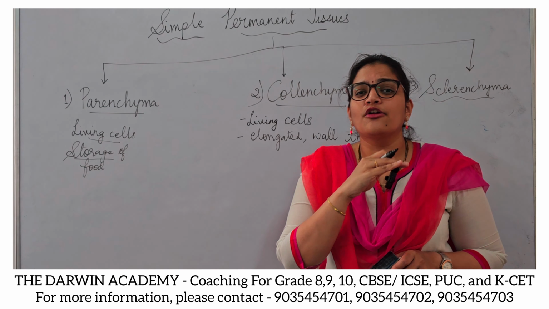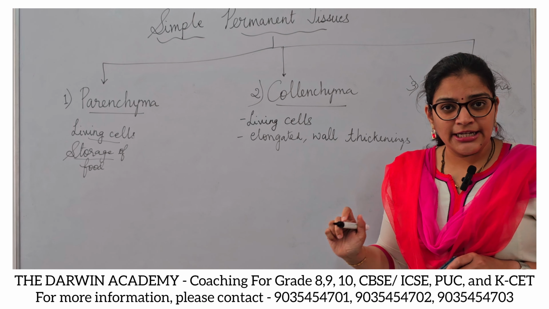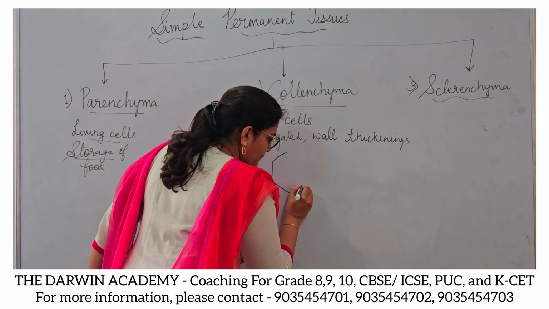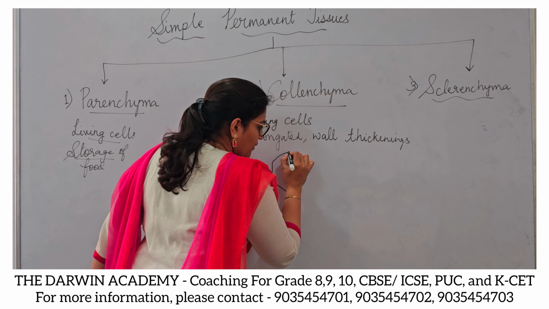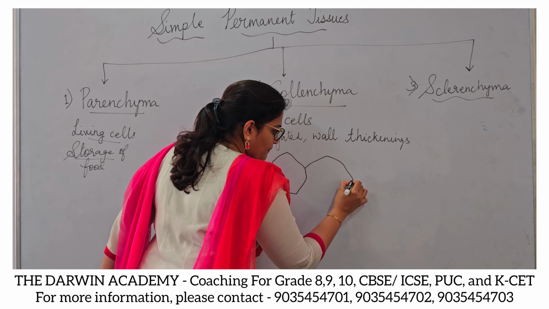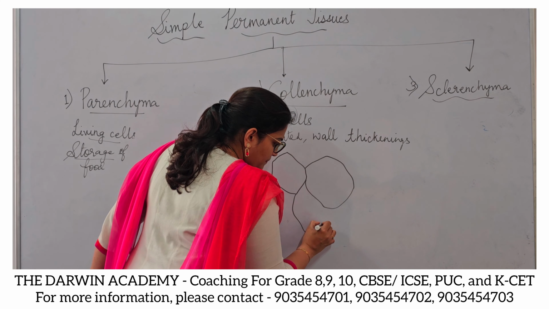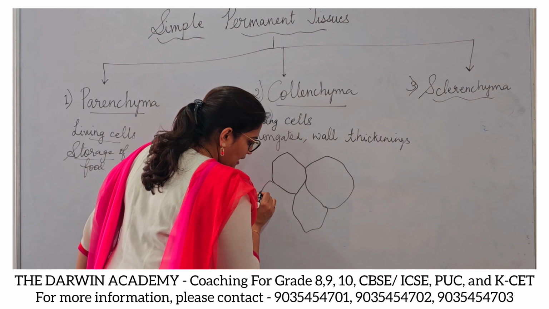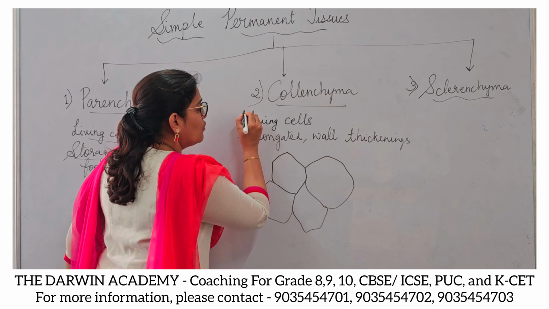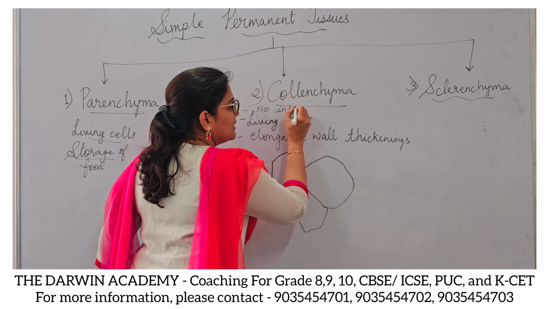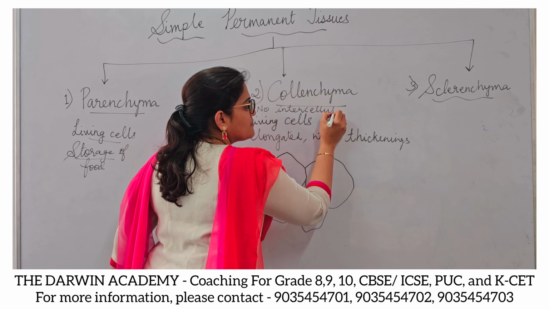If I take a cross section through the collenchyma tissues, the cells will appear angular. Are you noticing that there are no intercellular spaces between the cells?